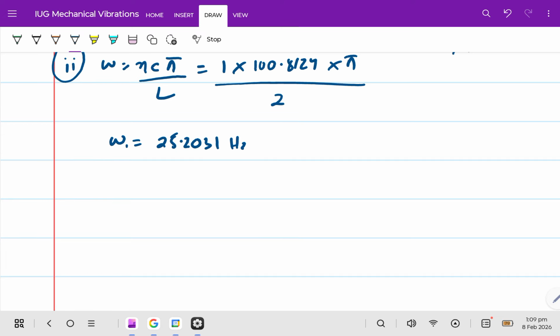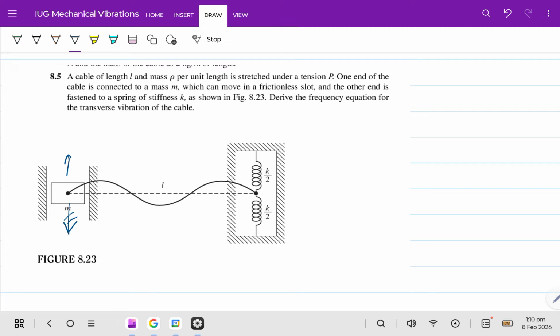So it can move here, it's a frictionless slot, so there is no opposition to the movement of mass. And the other end is fastened to a spring of stiffness K, as shown. Derive the frequency equation of transverse vibration of the cable.